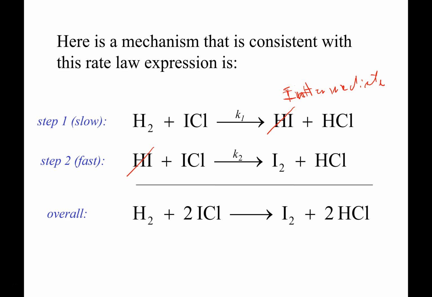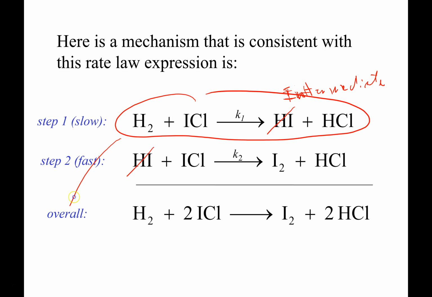The other check is to focus on the slow step, which is step one, and use molecularity to come up with the rate law expression for that elementary step. So for step one, I'm going to say rate 1, because it's elementary step 1, is equal to rate constant k1.